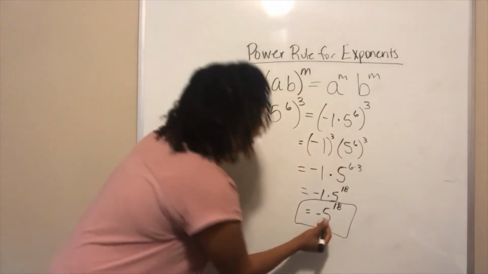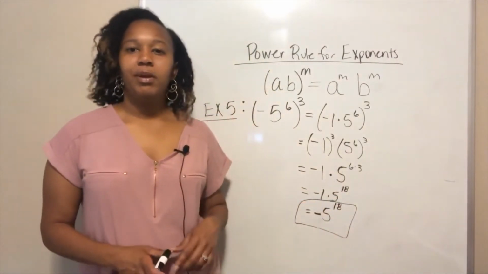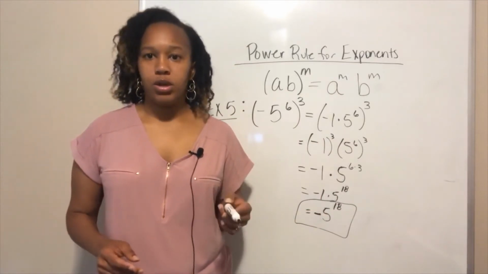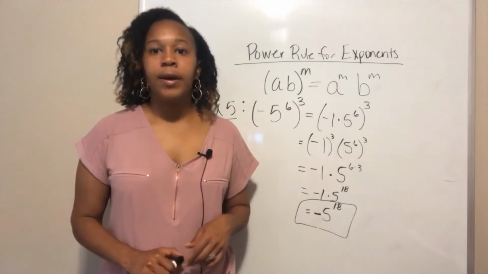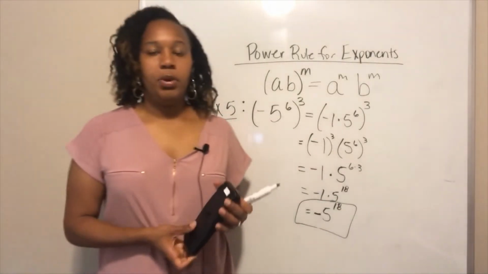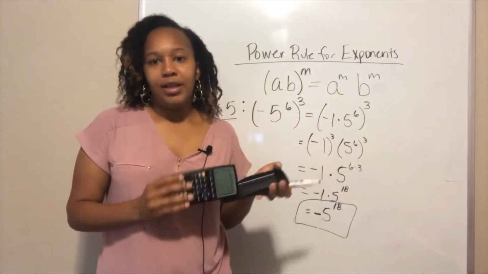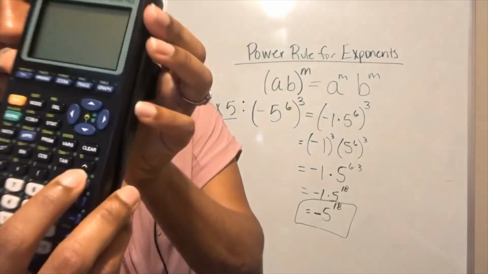And you can actually calculate what -5 to the 18th is, or you can leave it like that. It just depends on what the directions for your homework say. But if you had to calculate that, you could simply put it in your calculator. By the way, if you want to plug an exponent in your calculator, then you'll use this key right here.